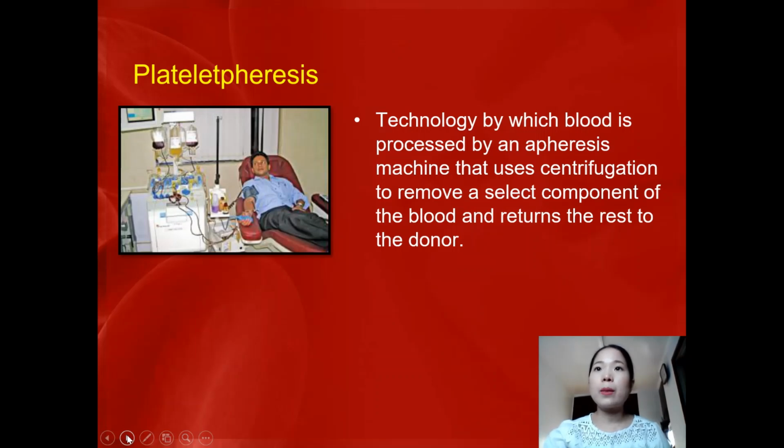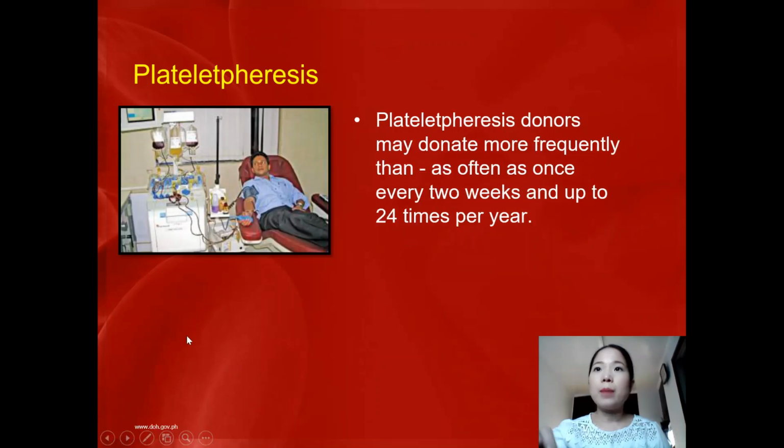Platelet pheresis donors may donate more frequently, usually every 2 weeks and up to 24 times per year.